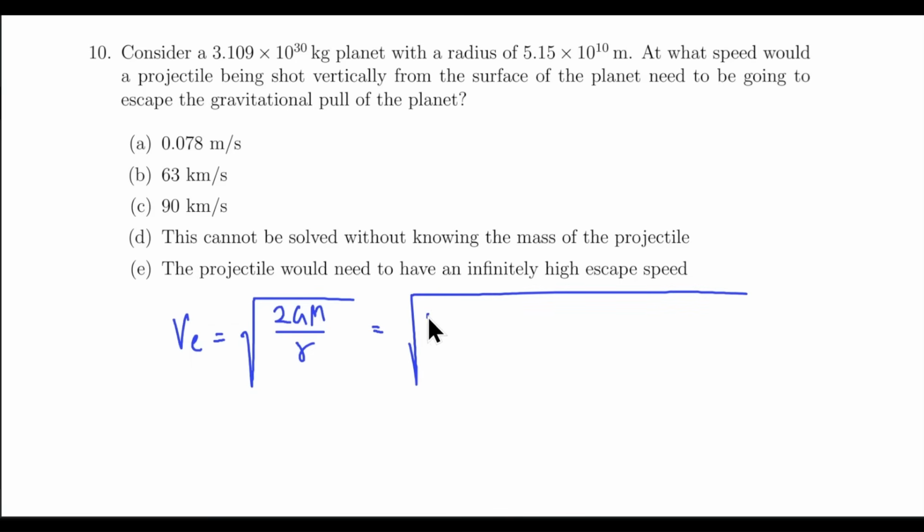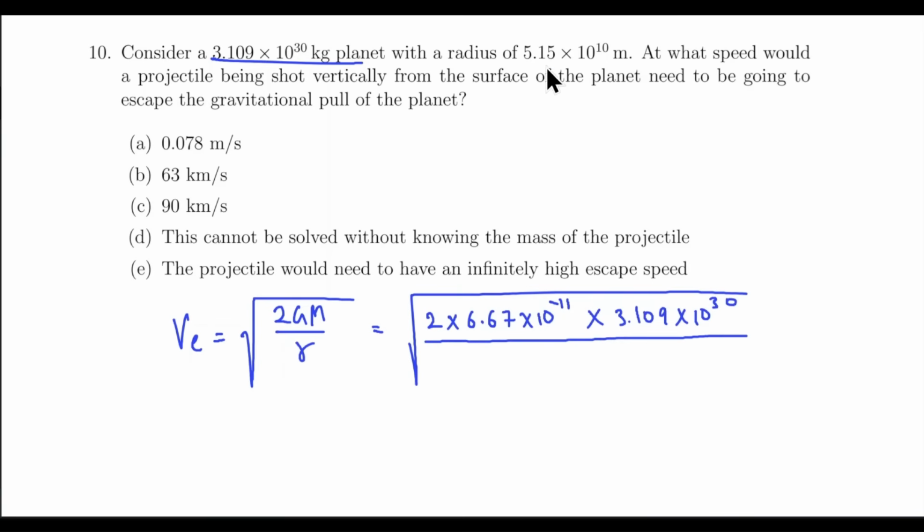So that will be the square root of 2, G is 6.67 times 10 to the negative 11, mass of the planet is 3.109 times 10 to the 30, over the radius of the planet, which is 5.15 times 10 raised to 10.